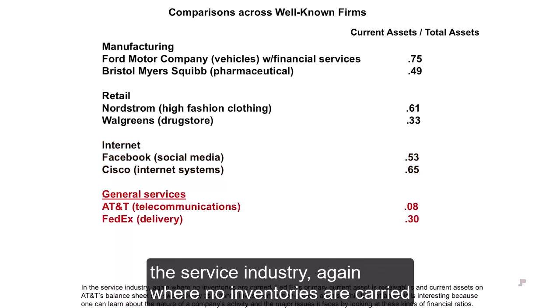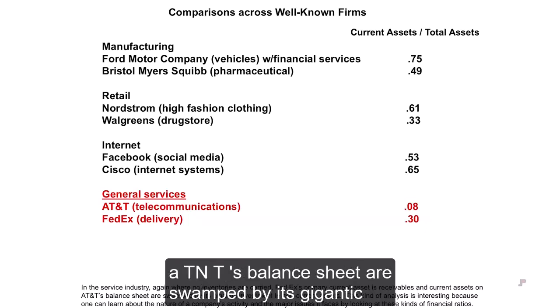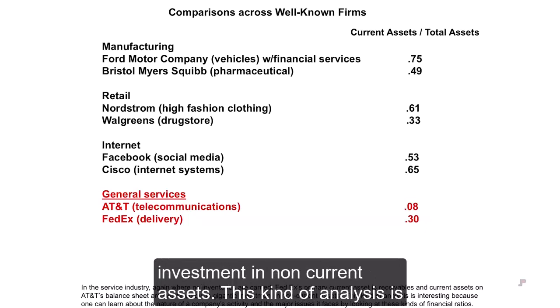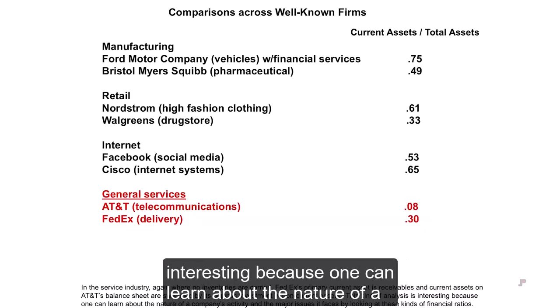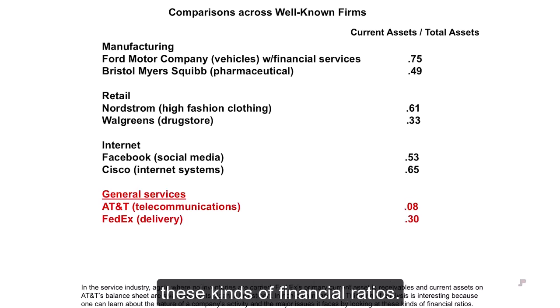In the service industry, again where no inventories are carried, FedEx's primary current asset is receivables, and current assets on AT&T's balance sheet are swamped by its gigantic investment in non-current assets. This kind of analysis is interesting because one can learn about the nature of a company's activity and the major issues it faces by looking at these kinds of financial ratios.